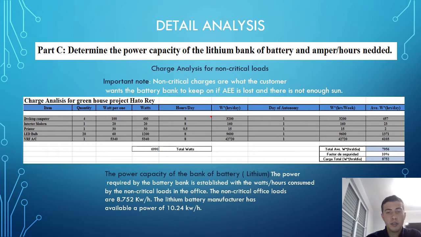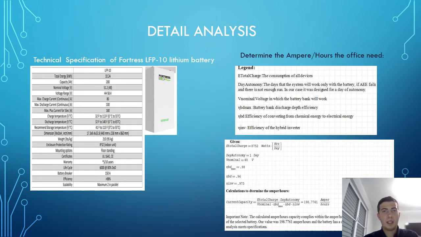The non-critical loads of the office are 8.752 kilowatt hours, and the lithium manufacturer has available a power of 10.24 kilowatt hours. And these are the details of the battery, the specification of the Fortress LFP10 lithium battery.